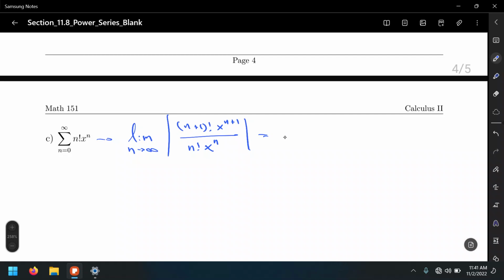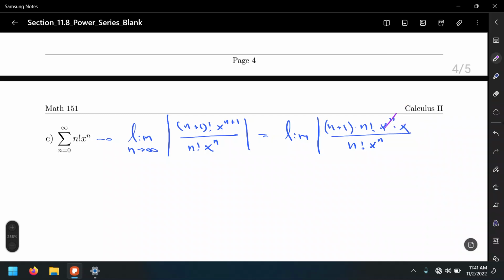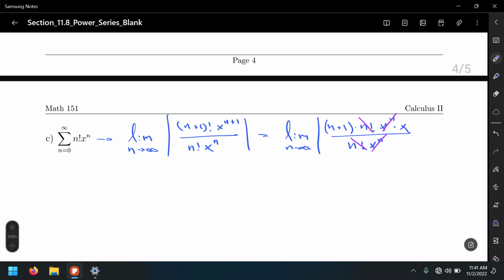That is the limit, expand over the largest factorial, n plus 1 times n factorial, because that matches the n factorial in the denominator, x to the n times x, as n approaches infinity, and close the absolute value bars.